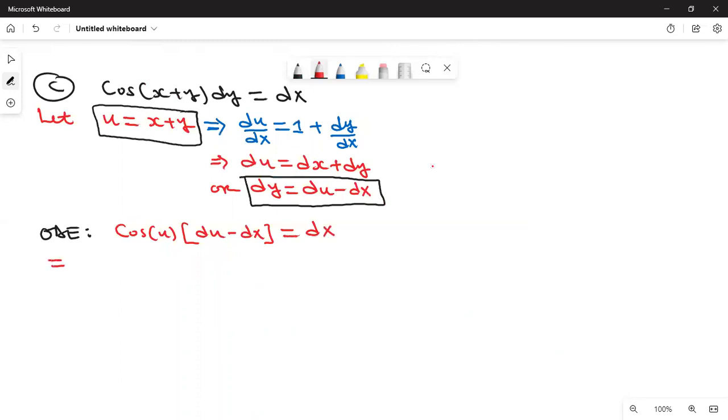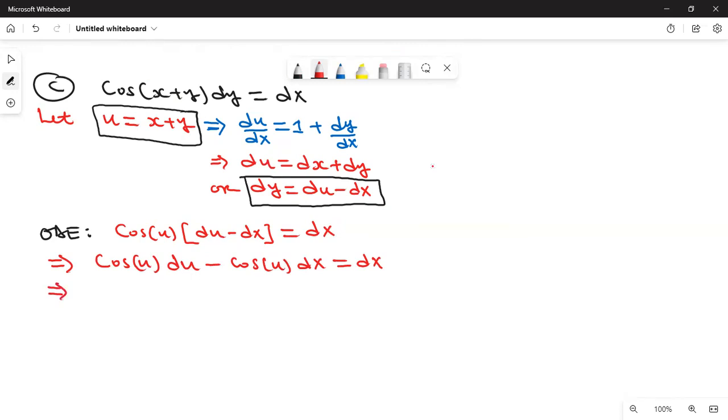And if you open the bracket, this is the same as cosine of u du minus cosine of u dx is equal to dx. And you see the dx is common, so this is a separable ODE now.